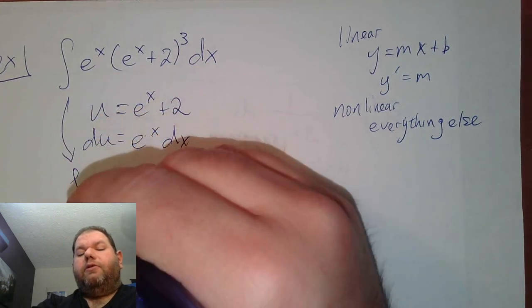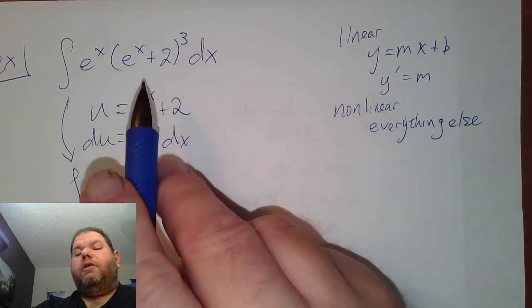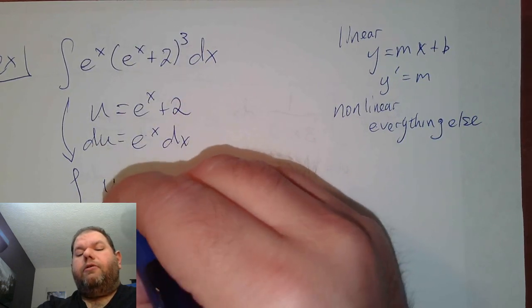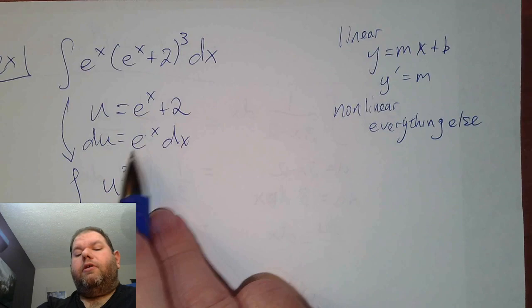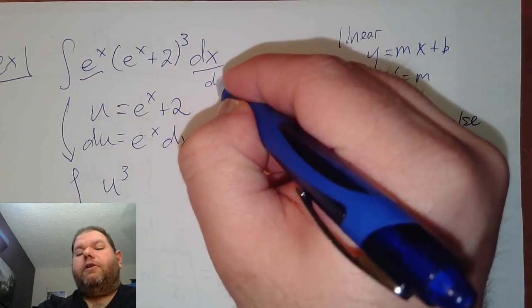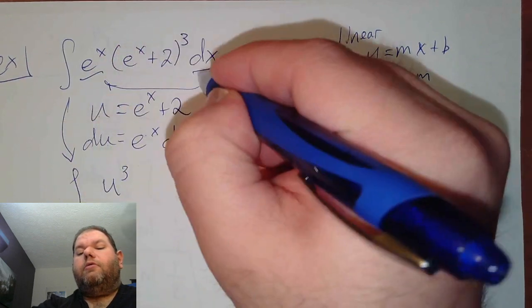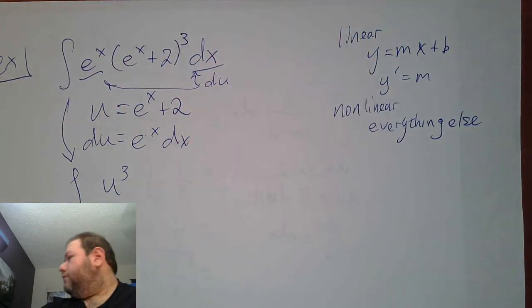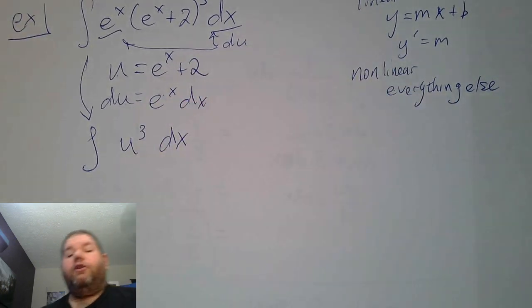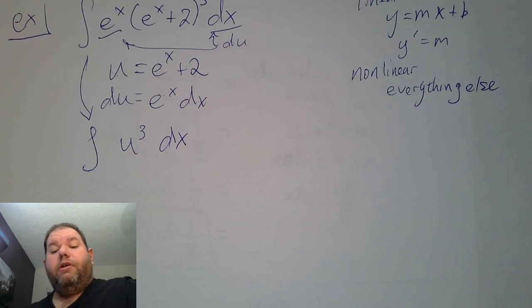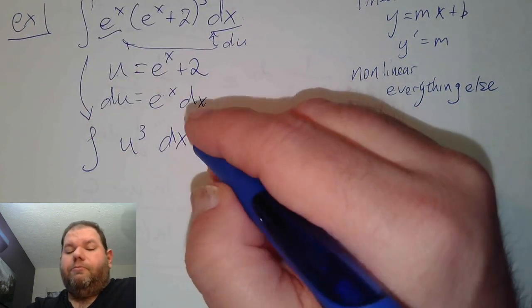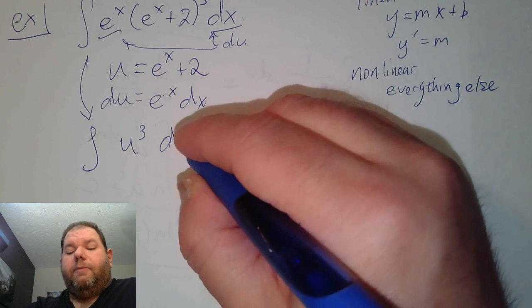So in this case, we do our substitution. This e to the x plus 2 is u, so we'll call that u cubed. And then du is e to the x dx. That's all du. So essentially, we make our substitution here, and we have u cubed times du.